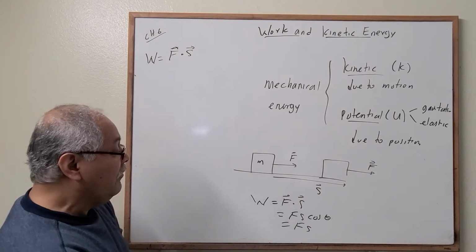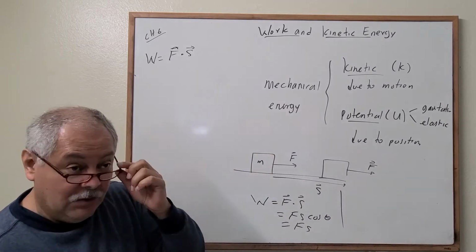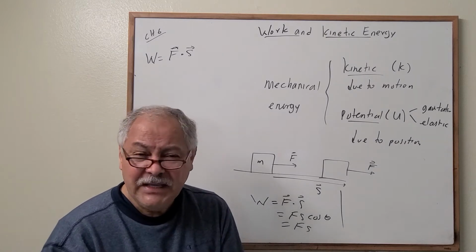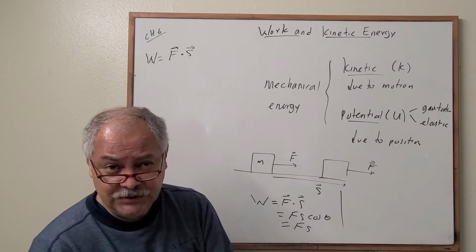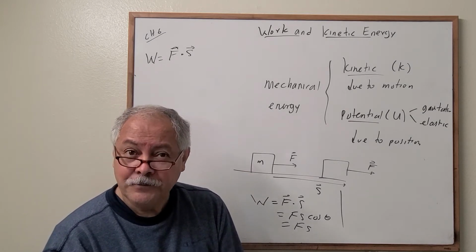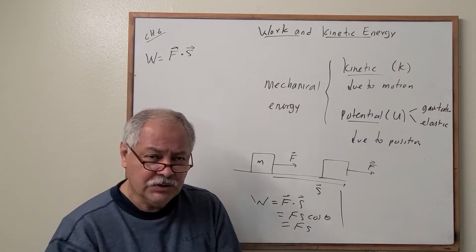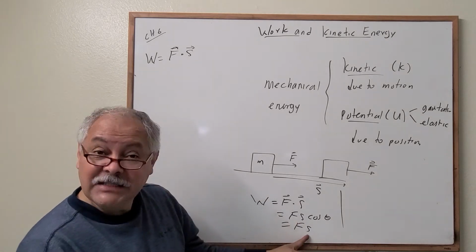Okay, now because the force is constant, the acceleration is constant. And every time we have constant acceleration, remember from previous chapters, we can use kinematic equations, correct? Now from kinematics, let's try to find an equation that involves the acceleration, and in this case, the displacement.